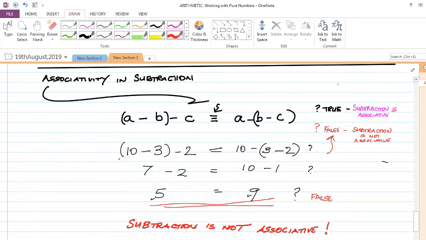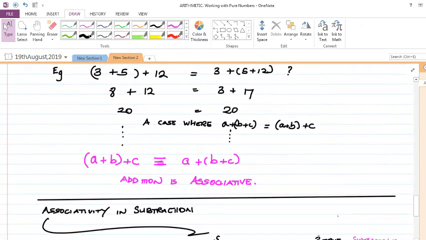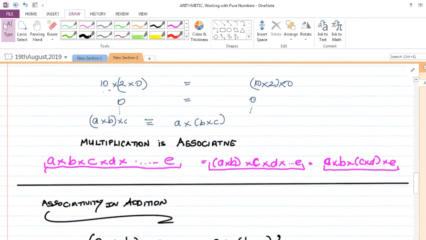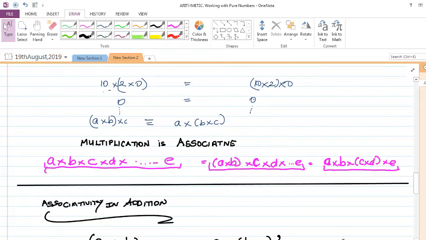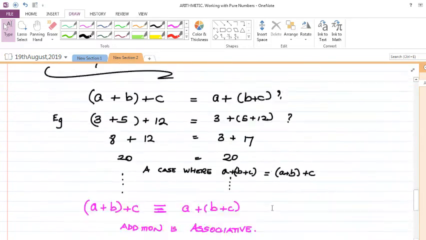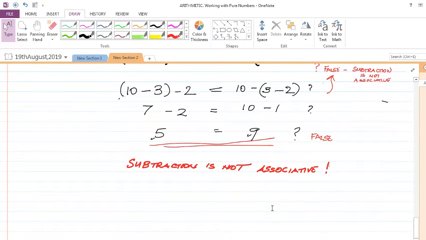What this is telling us is we have to be very careful the order in which we do subtraction. We have more license to do all kinds of things when it comes to addition. We can add in any order. And we can multiply in any order. We can do rearrangements and so on in that order. But with subtraction, we cannot do such a thing. Okay? Subtraction is neither commutative nor is it associative.